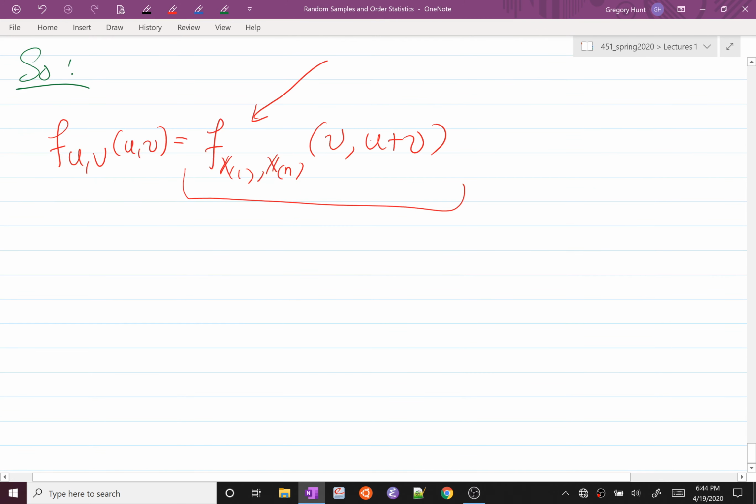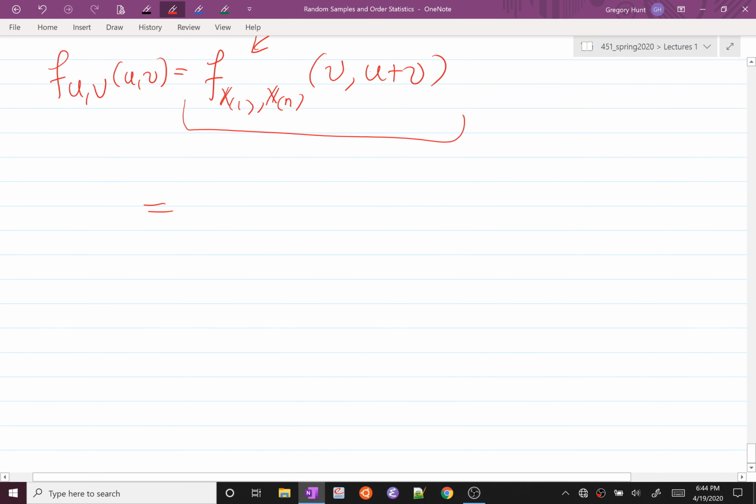So let's plug it in. If we plug in our inverse functions, v and u plus v, into this, what are we going to get? Well, first of all, just as an aside, let's re-look at our formula, because we had a formula in terms of R and S, which for arbitrary values we can now look at for 1 and n in particular.